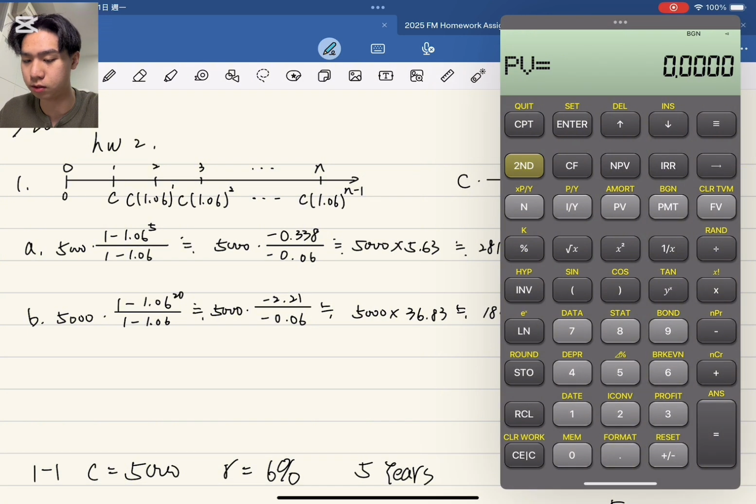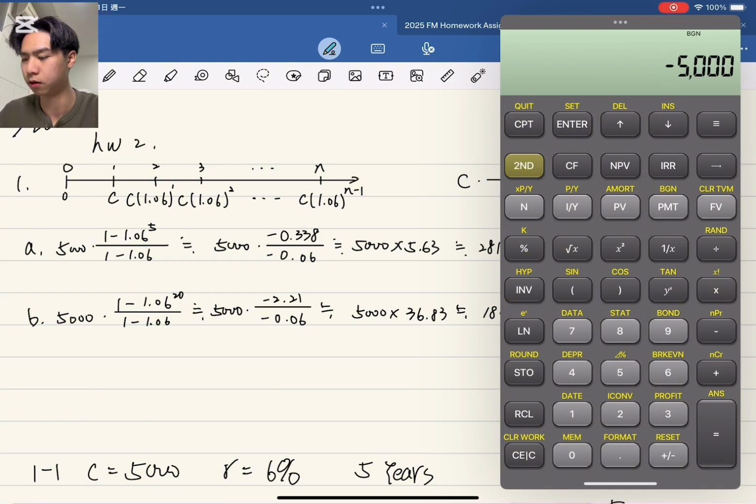And payment, we receive 5,000 each year. 5,000 is our payment. But the payment is what I paid, so on the cash flow, we will set it as minus.